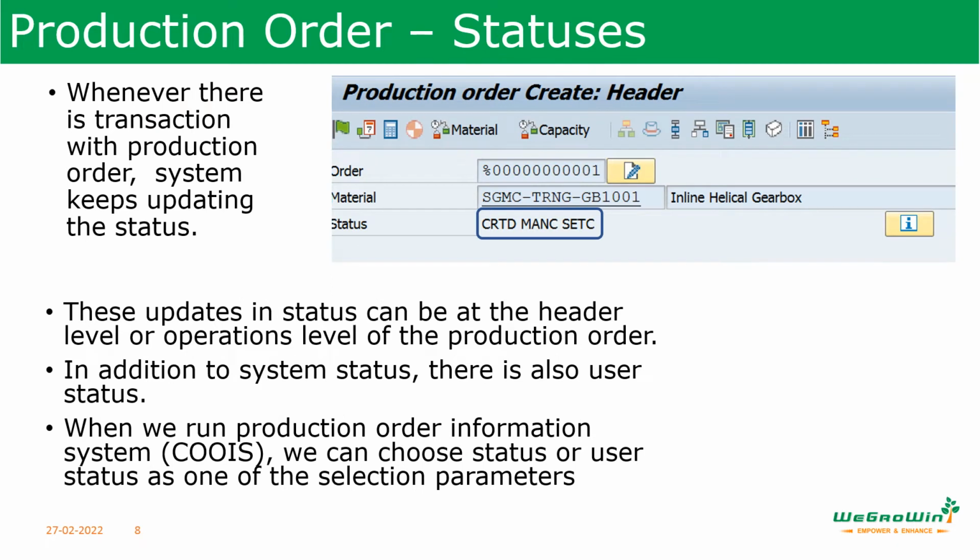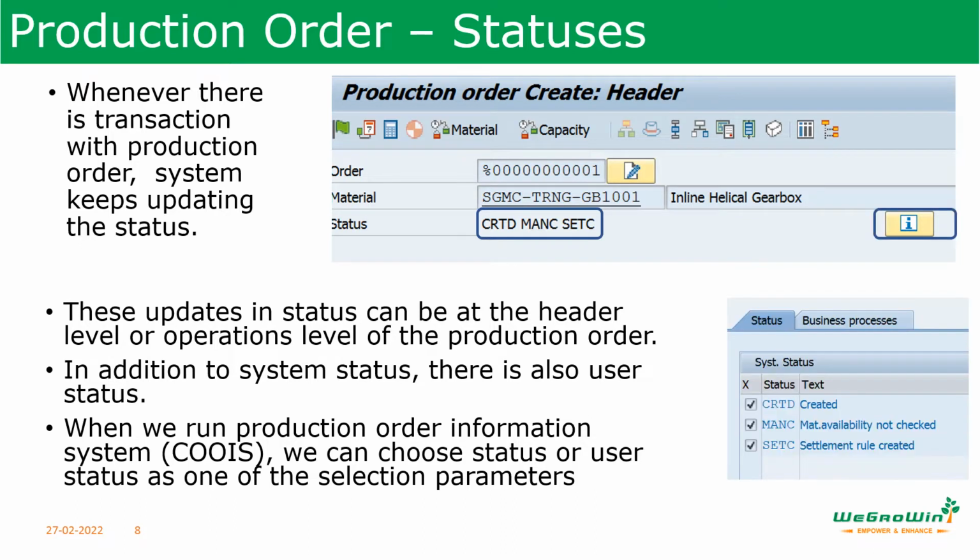And whenever we do any action in the production order, like creating production order or performing scheduling or checking capacity or checking the availability or creation of controls, system will update the status. These updates in status can be at the header level or operation level of the production order. Similarly, when we perform any partial or complete production entry, which is called the order confirmation in SAP, or when you do the goods movement like goods issue or goods receipt, the system will update the status accordingly.